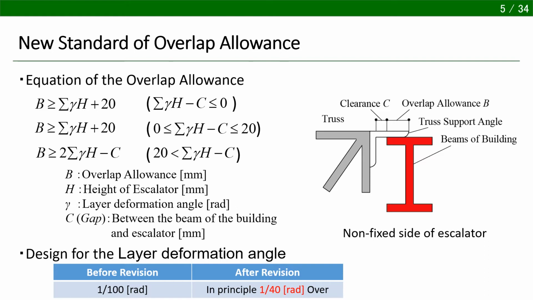Before the revision of the quake resistance standard, it was less than 100 rad. After the revision, it was 140 rad in principle and 124 rad or more.